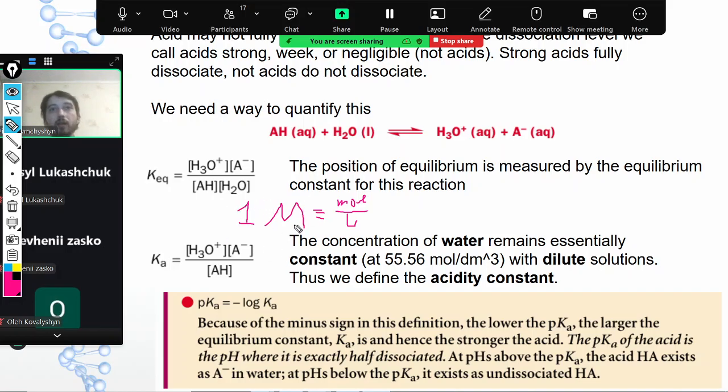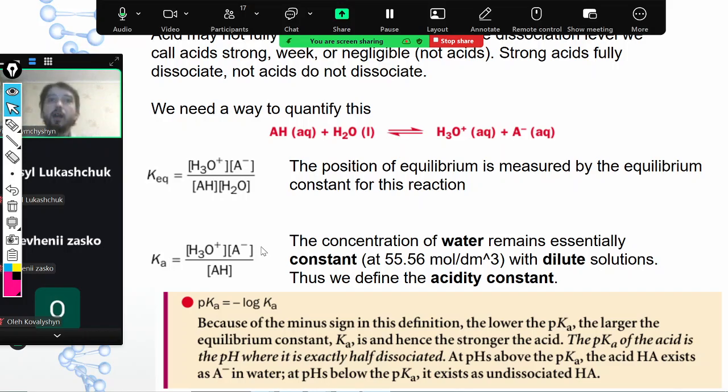So 1 M is a solution that contains, for example, hydrochloric acid in the concentration of 1 mole per liter. Yeah, so please keep that in mind. Don't use percents or something like that. In chemistry, we do moles per liter. Good.